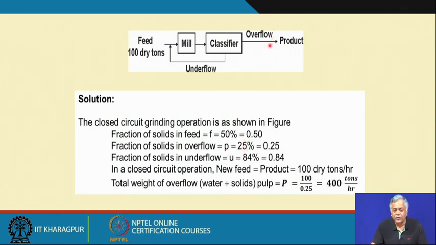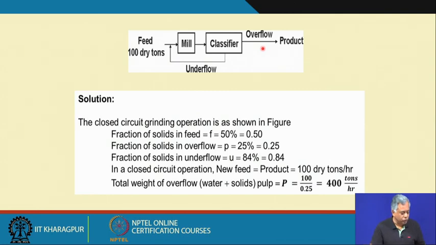How much is the slurry that I have to calculate? The total weight of overflow, water plus solids, that is the pulp, is 100 by 0.25. So 25% is equal to 100 tons, and 100% is equal to 400 tons per hour. So the total weight of overflow is 400 tons per hour.